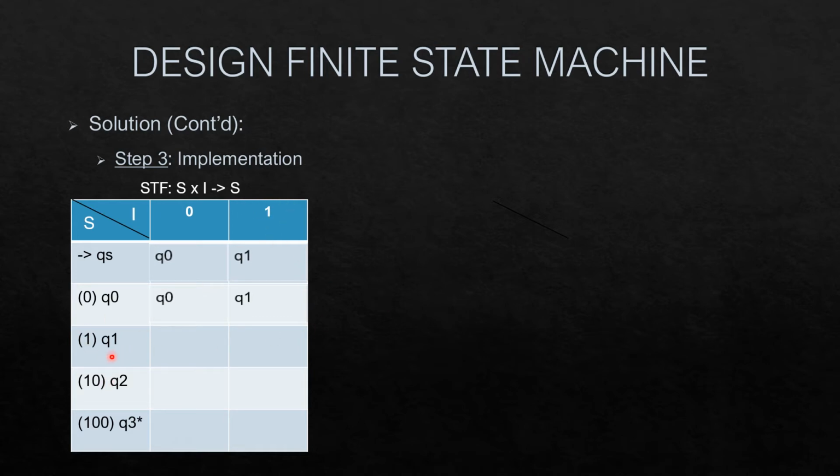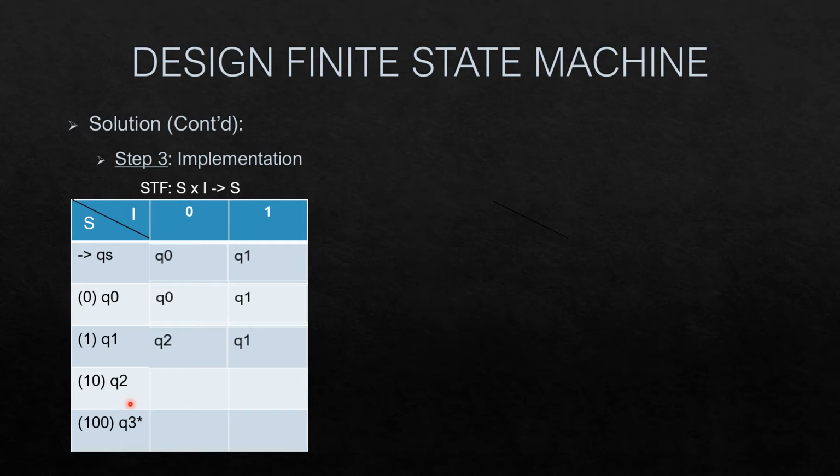When I am reaching Q1 state, the previously scanned input was 1. Next input I am getting is a 0, creating 1 0 as the string. So we have a state representing 1 0, and we will transit to Q2 state. And 1 1, there is no state representing 1 1, so we will stay in the same state, that is Q1 state.